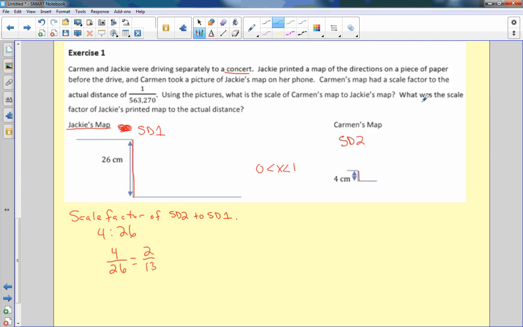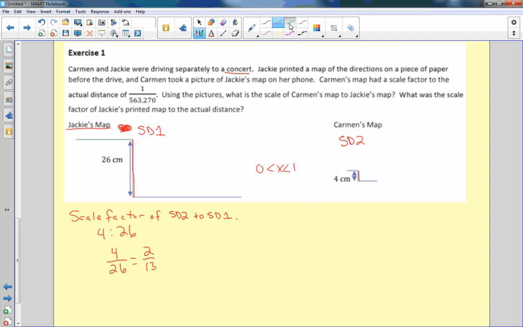So it says, what was the scale factor of Jackie's printed map to the actual distance? The first thing we did was find the scale factor of Carmen's map to Jackie's map, because Carmen's map has a scale factor of an actual distance of 1 is to 563,270.